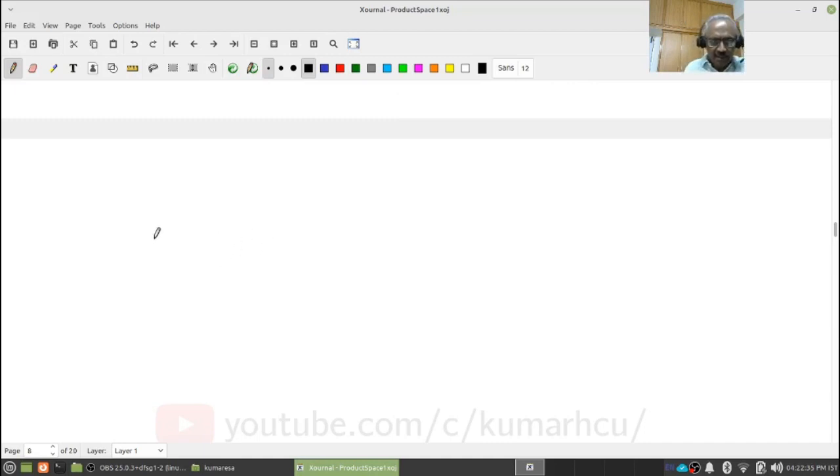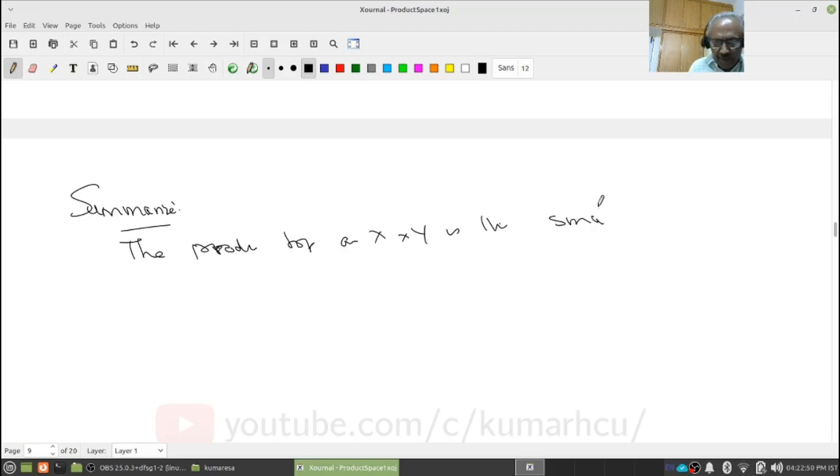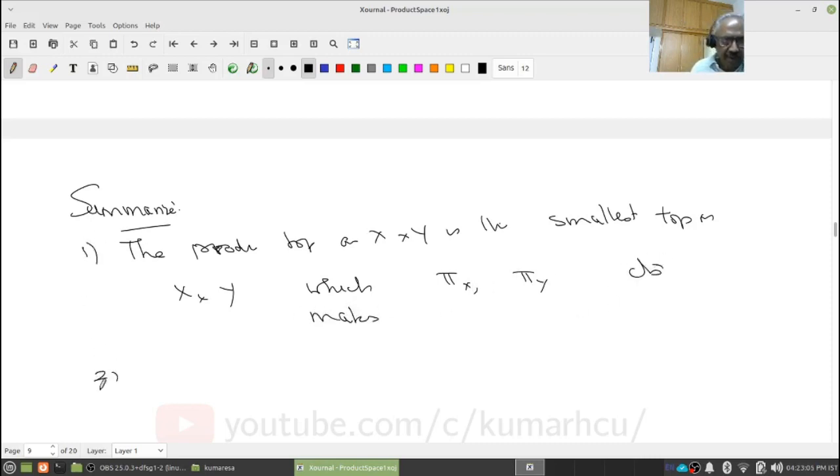Okay, so what have we done now? Let us summarize. The product topology on x cross y is the smallest topology on x cross y which makes pi x and pi y continuous. That's the first point.